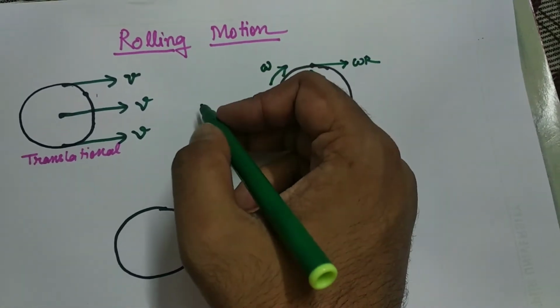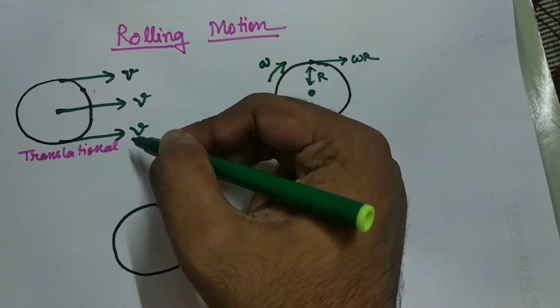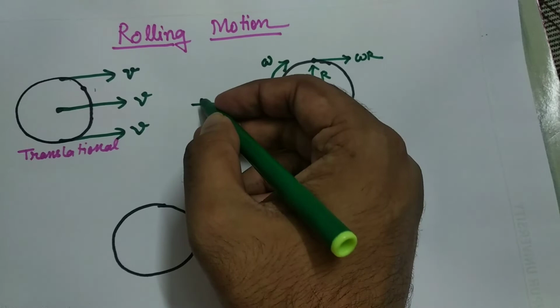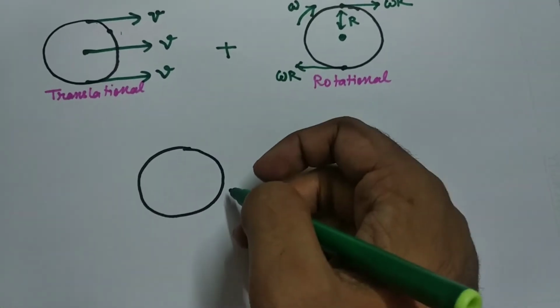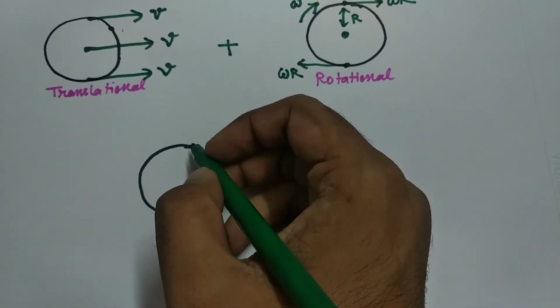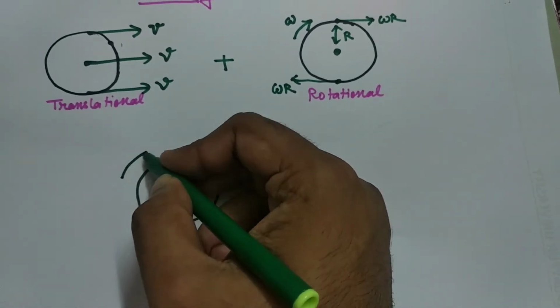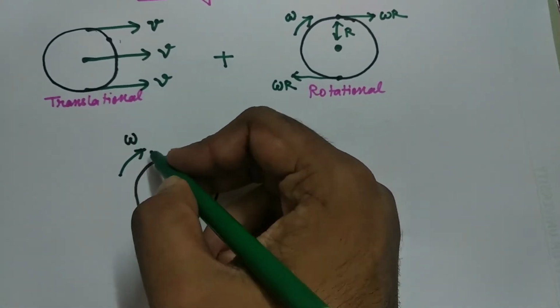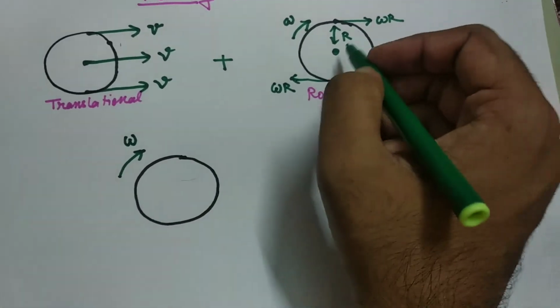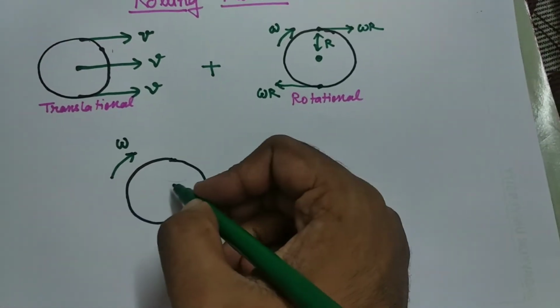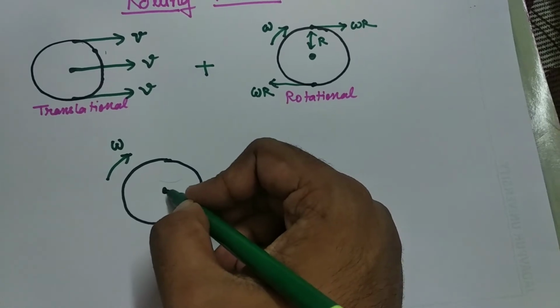Now, if we add the translational and the rotational motion, it will combine to give this: the object will be rotating with an angular velocity omega, and the center will still move with a linear velocity v.